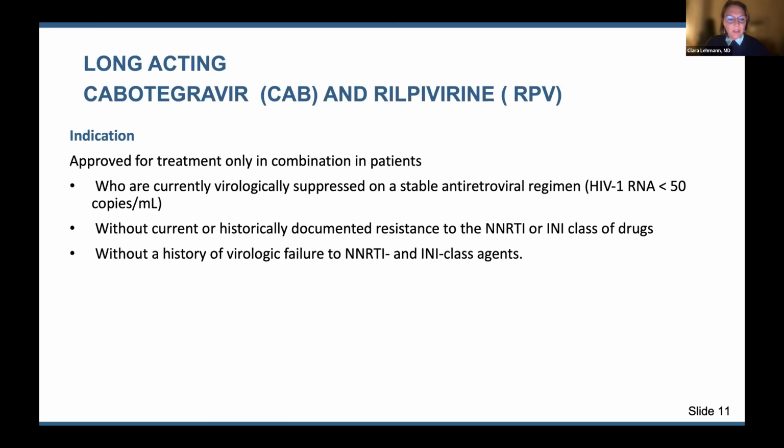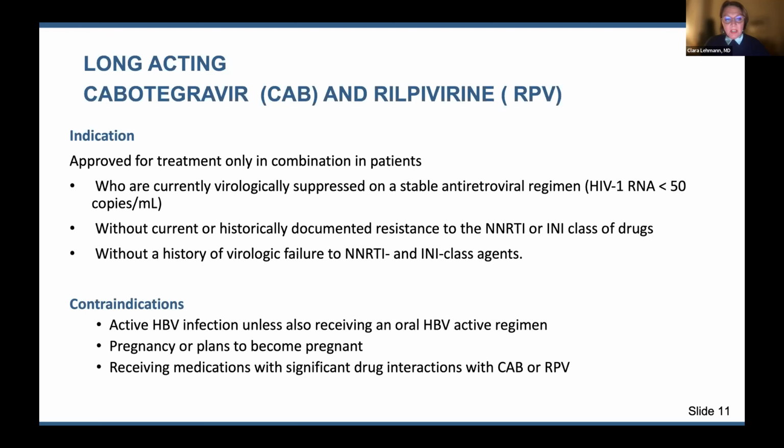And they shouldn't have had a virological failure on any of these classes. Very important, there are some contraindications, especially HBV infection. If there is an active HBV infection, the treatment shouldn't be just cabotegravir and rilpivirine, but we should also have an active HBV regimen.